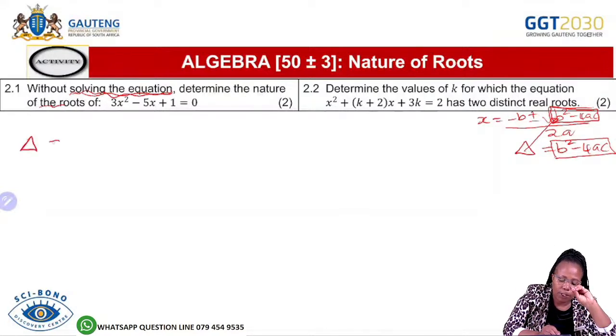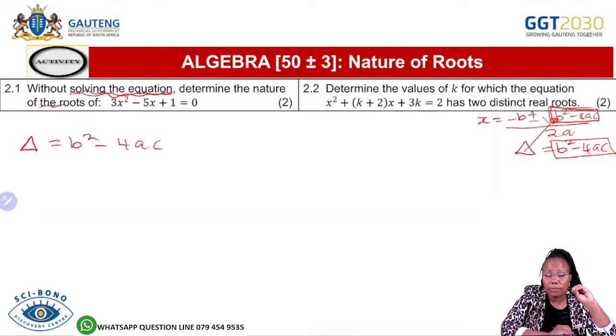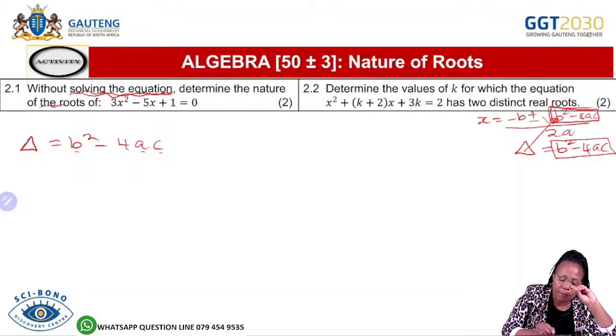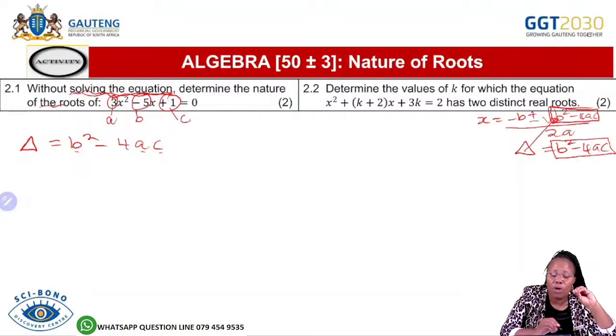Discriminant is equal to b squared minus 4ac. Can you see you need the value of b, the value of a, value of c. Remember, the coefficient of x squared is a, of x is b, the constant value is c.